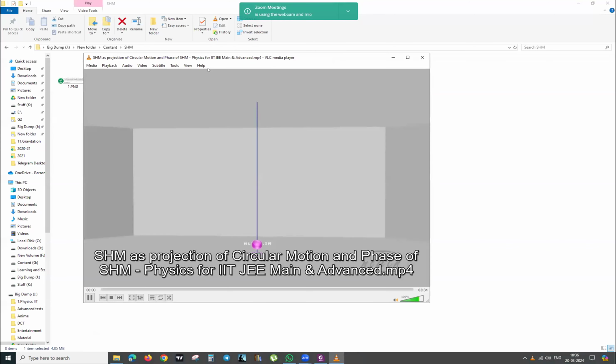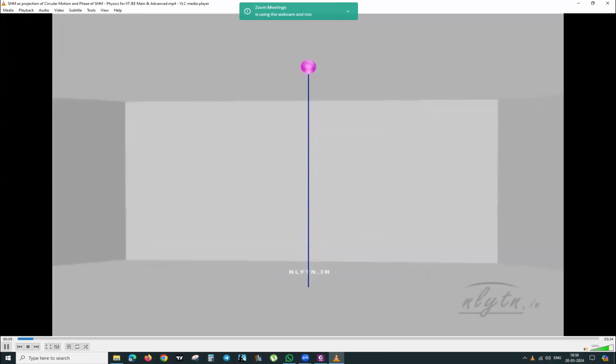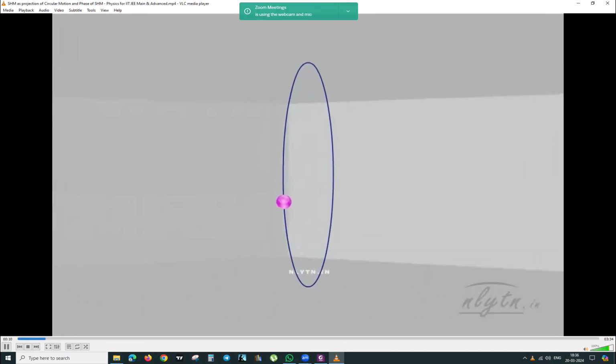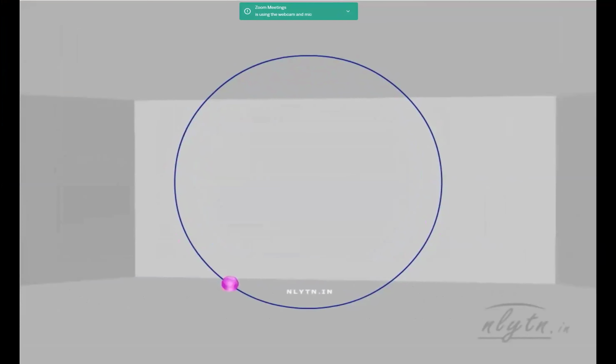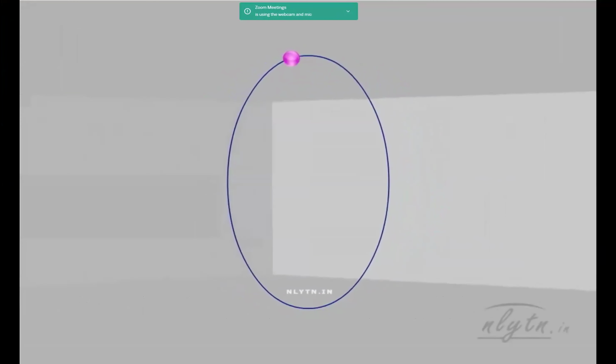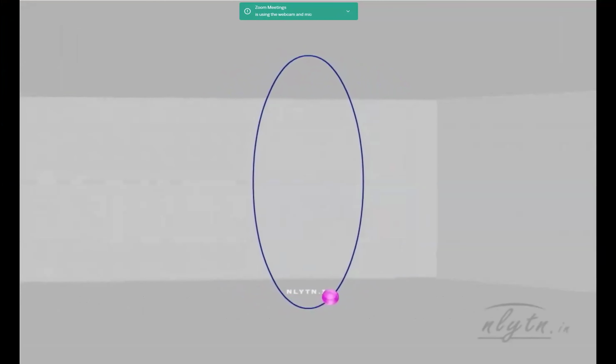A very interesting point about simple harmonic motion is that it can be considered as a projection of a uniform circular motion. Can you see the side view? It's actually going in a circle. The side view would look like going up and down in a line. That is, a uniform circular motion, when viewed sideways, becomes a simple harmonic motion.